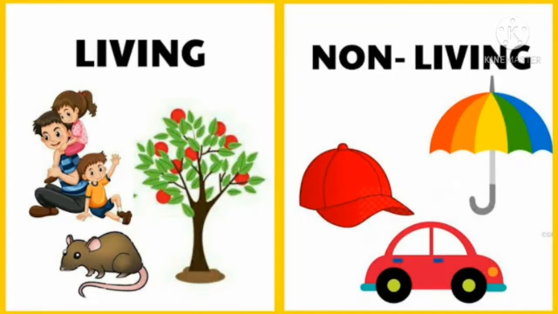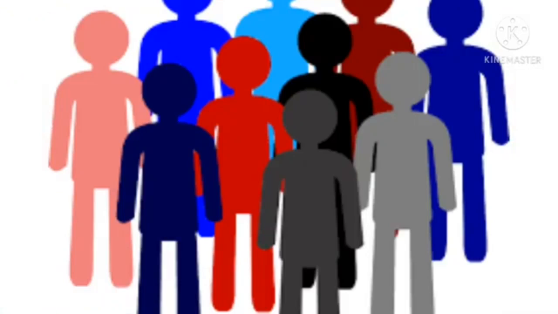What's meant by living things? Yes, plants, animals, humans, etc., isn't it? And non-living things means table, chair, fan, etc. Our environment is changing day by day because of increase in population, isn't it?